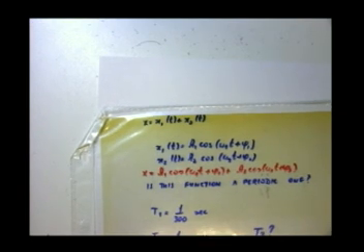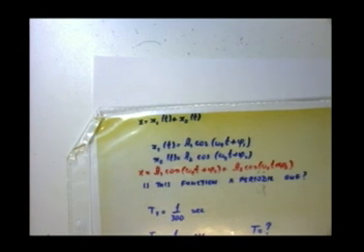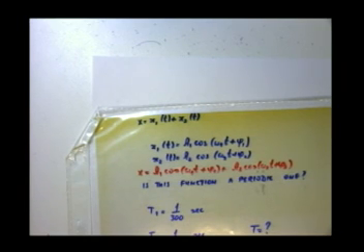By the way, today I'm not giving you any homework, so this will be the only exercise, and we will just start it. I will give you food for thought for the next time. x1 of t is A1 cosine of omega 1 t plus phi 1. x2 of t is A2 cosine of omega 2 t plus phi 2.